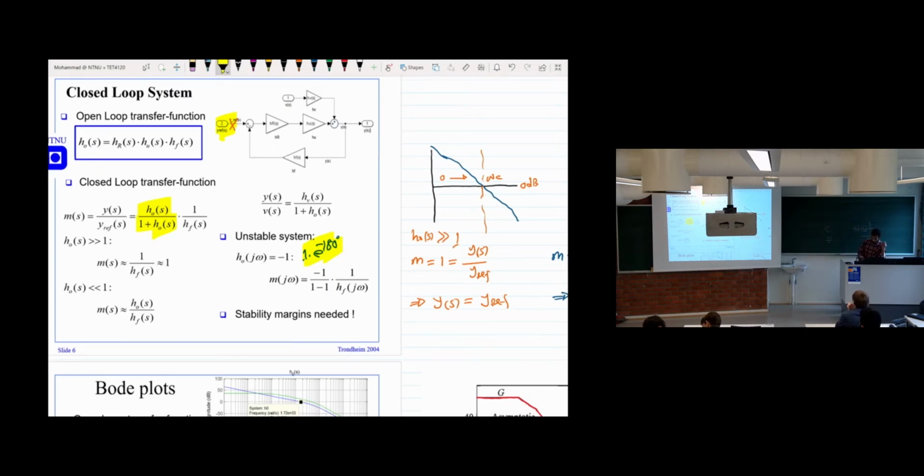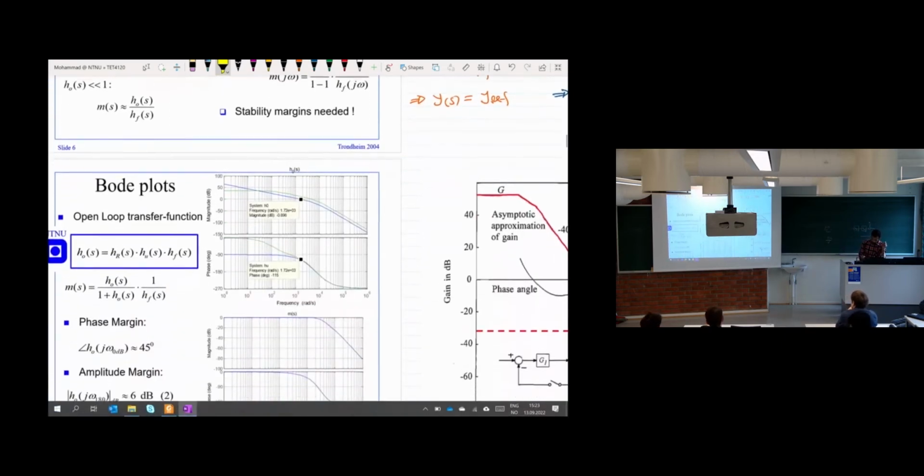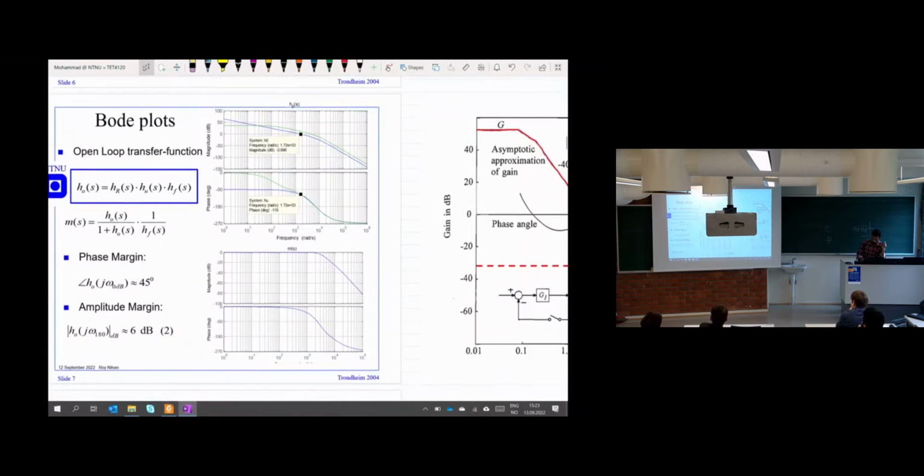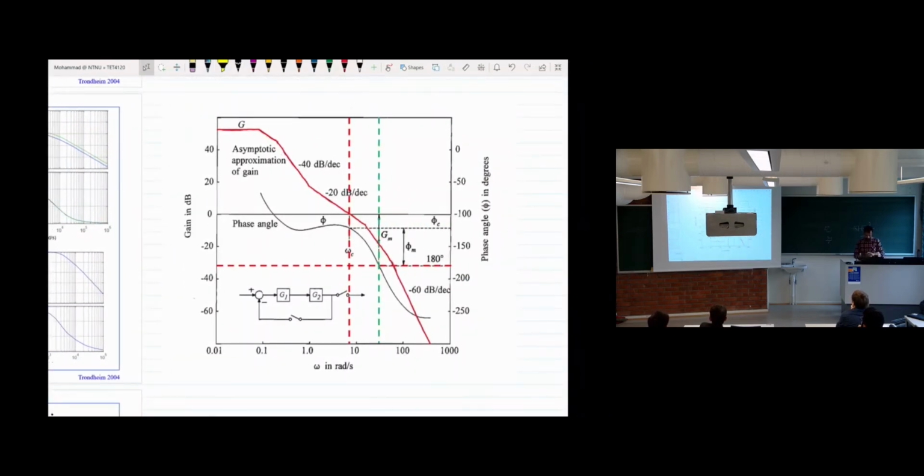If we look at the frequency response of an open loop system, here is an example. On this side, we have the frequency, you have the phase information, and here the magnitude. This is the frequency, and this is the magnitude plot, and this is the phase plot.